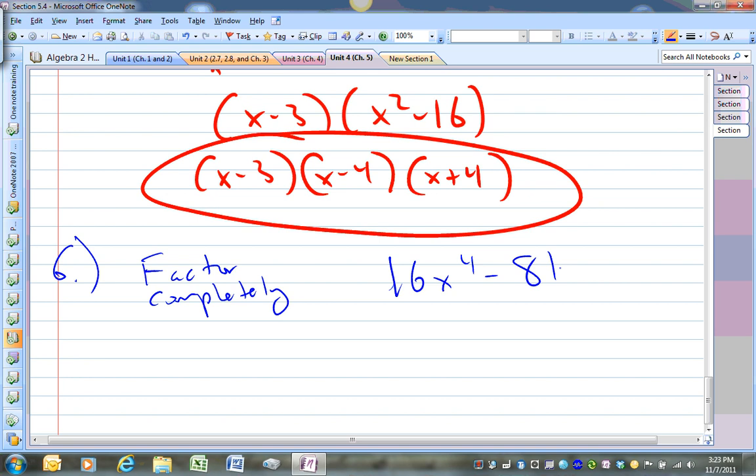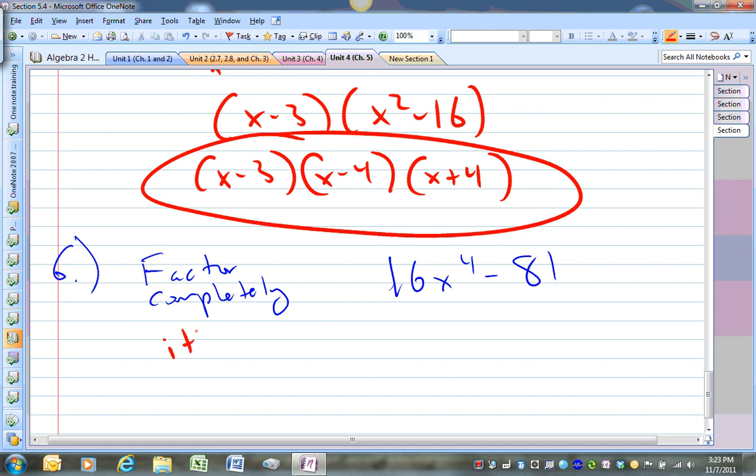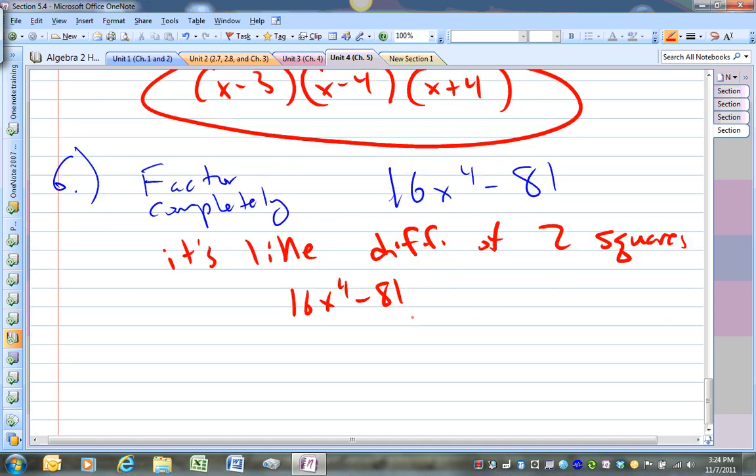So if we think about it, this one is like a difference of two squares. Why do I say that? There's a minus, and 16 and 81 are perfect squares. So I could break up this like this.